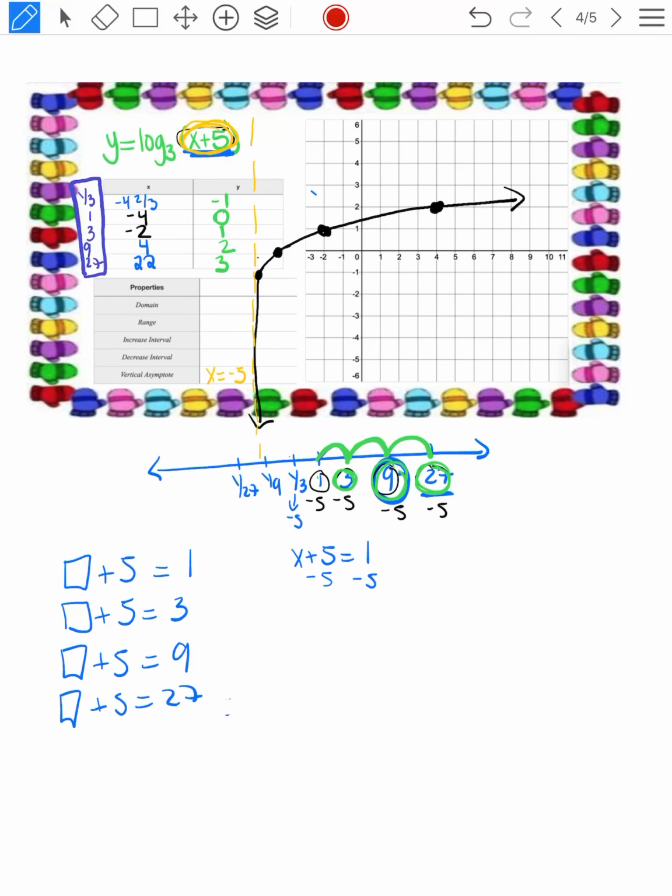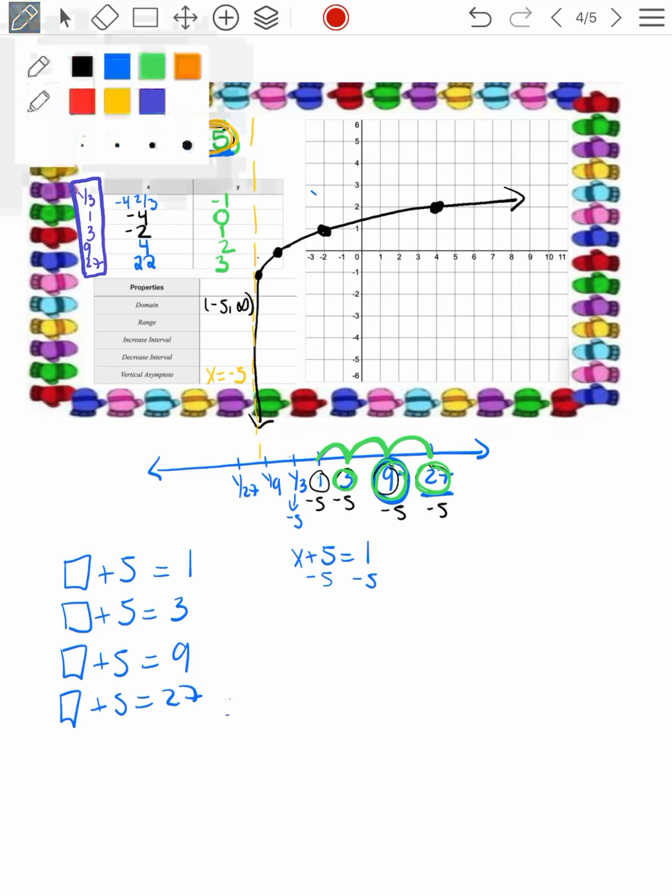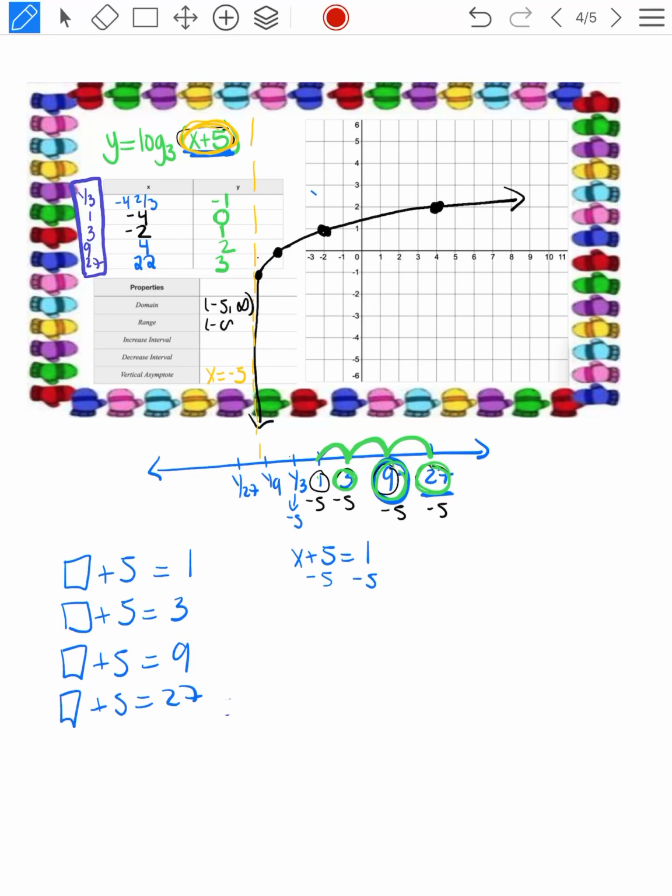My domain now is from -5 to infinity, because -5 is the farthest left number. My range is still -infinity to infinity. I am increasing the entire time, so I'm going to increase on my entire domain, and I am not decreasing at all.